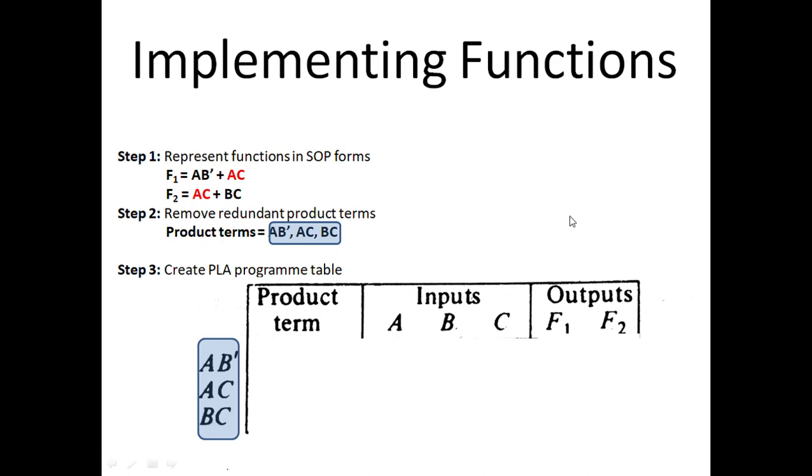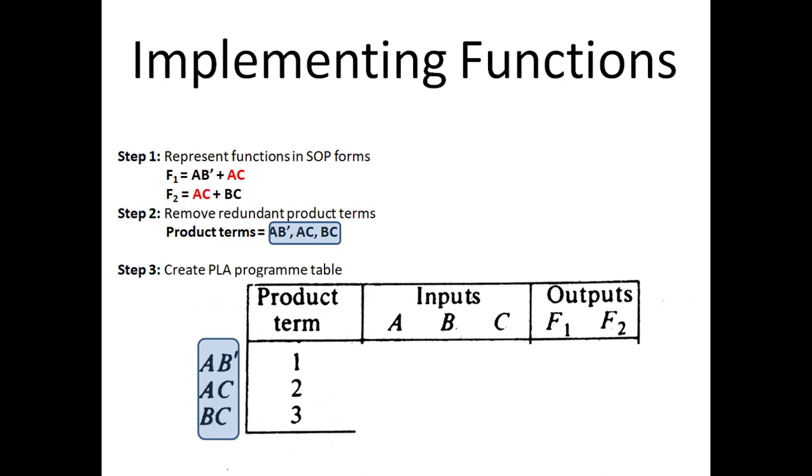Now, next, just number these product terms. We have three product terms, so we number them: product term 1, product term 2, product term 3. Obviously, if we write product term BC first, then this BC would become product term 1. So it's okay. Just write them in a specific order. Alphabetical order is better.